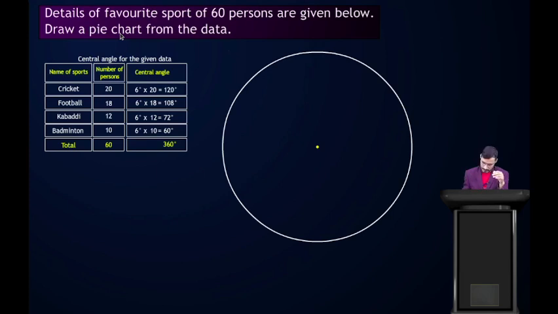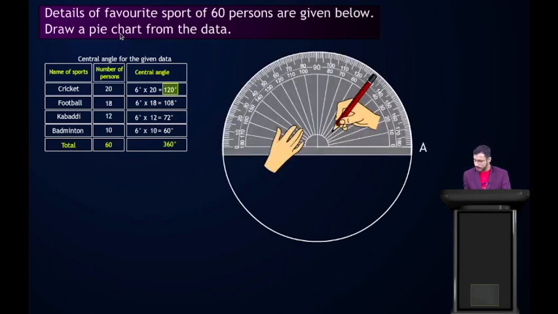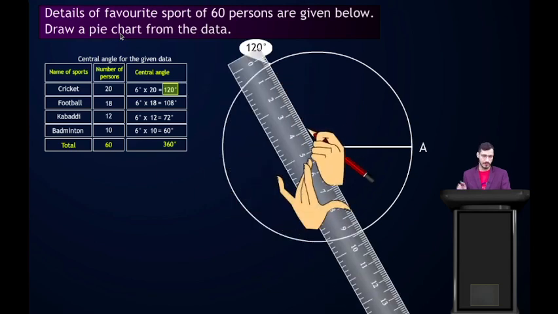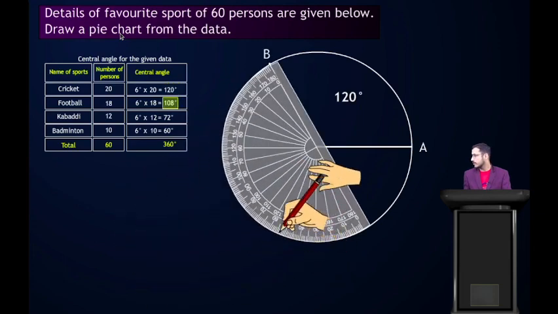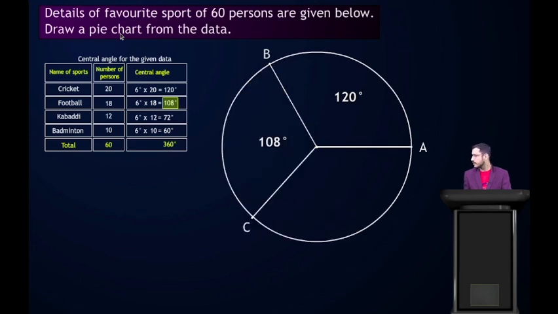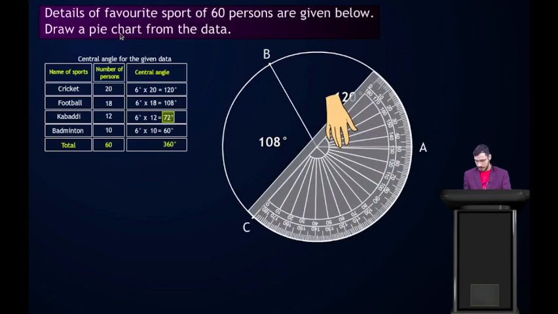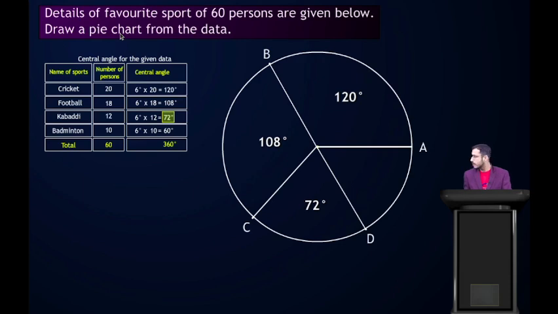Now draw a circle taking any radius. Draw a radius OA and mark all the angles one by one. First angle is 120 degree. Second one is 108, so using protractor you can draw the second angle 108. Then third angle is 72 degree, and fourth angle is 60 degree.